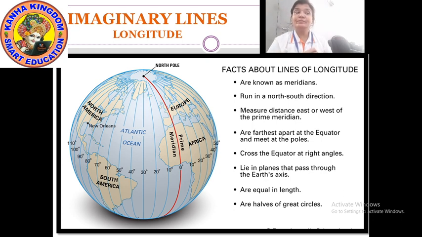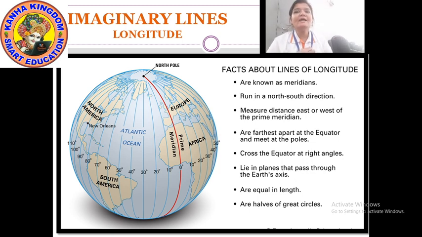But as I had told you that the parallels of latitudes are equal, the distance between the two parallels of latitudes are equal, but the lines of longitude, or you can say the meridians of longitudes, are not parallel to each other.